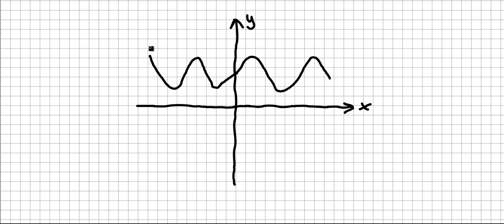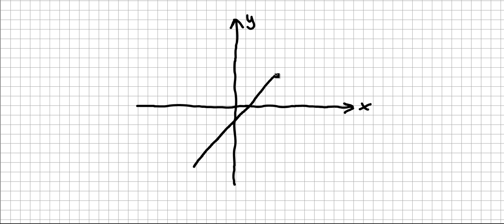Let's see if we can do one last example. How about this one? Is it odd, even, or neither? Well, it's not even, because then it would be something like this. Is it odd?